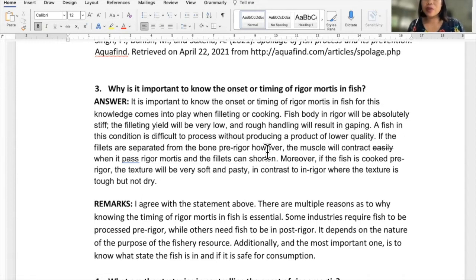So for example, you are planning to fillet it. So if it is in rigor stage, you know that it is difficult to fillet, and you will yield a very low yield.